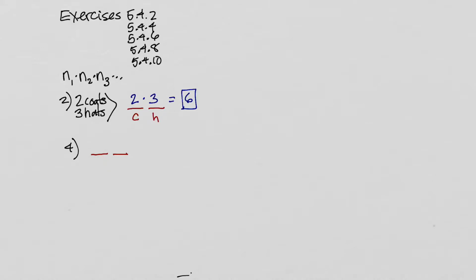I think we can choose any one of the 26 letters in the alphabet. And our second choice, now it says the letters have to be distinct. So whatever I use over here, I can't use here. So we have now 25 choices here. So we're going to have 26 times 25, which is 650 possible 2-letter words.